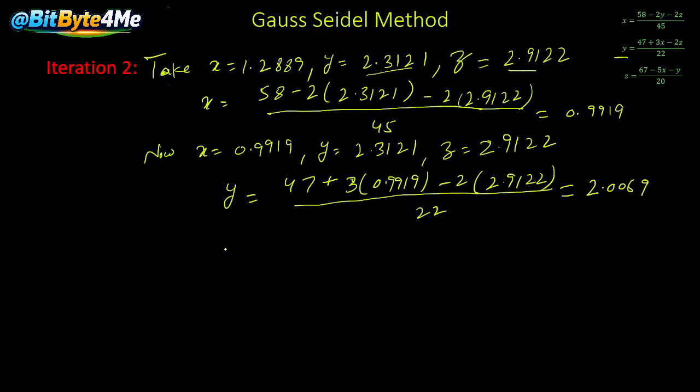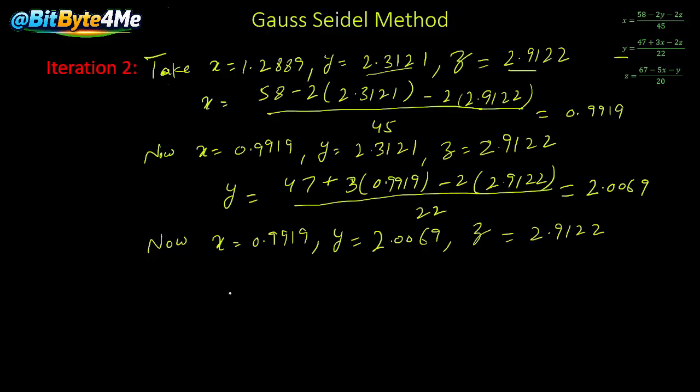2.0069. So now again what will our values be? x is 0.9919, the value of y will change to 2.0069, and z is equal to 2.9122. So by using these values we will calculate the value of z.